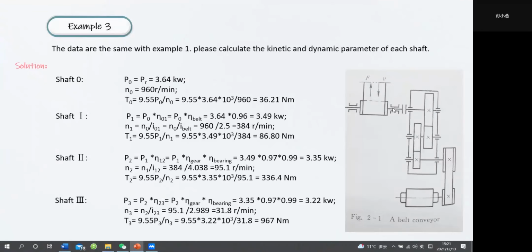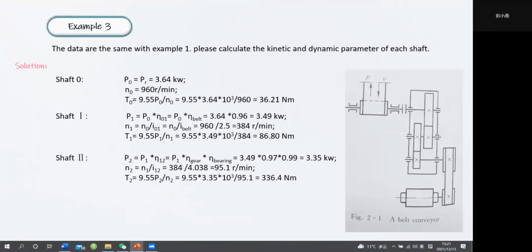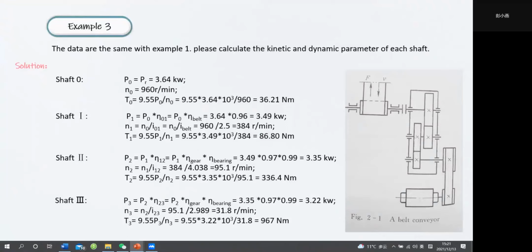The rotating speed of shaft 4 is equal to the speed of shaft 3. And then we calculate the input torque for shaft 4, T4. And this is how to calculate the input torque, power and rotating speed for each shaft.